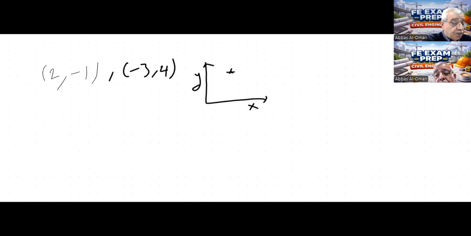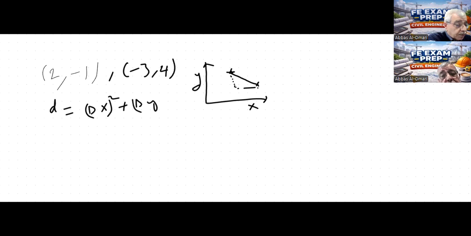The distance between any 2 points in the Cartesian coordinate, this is point 1 and this is point 2, can be determined by the Pythagorean theorem, which states that the distance equals the square root of delta x, the difference in the x coordinate squared, plus the difference in the y coordinate squared. So this is the basis for the solution.